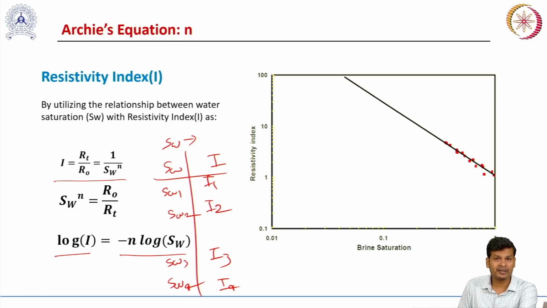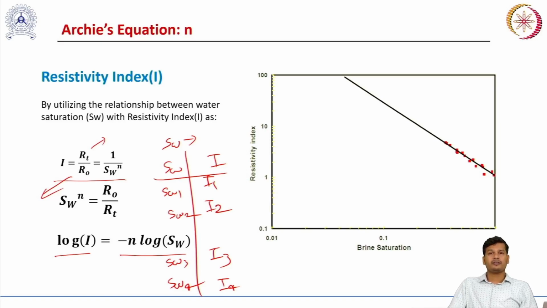Now to calculate resistivity index values, you need Rt values and Ro values. That means for each rock, you must calculate Ro, that is the resistivity of the rock at 100% water saturation, and then you also need to calculate Rt at different saturation values. So once we have that, you can plot them together and you get the value of n from this cross plot.